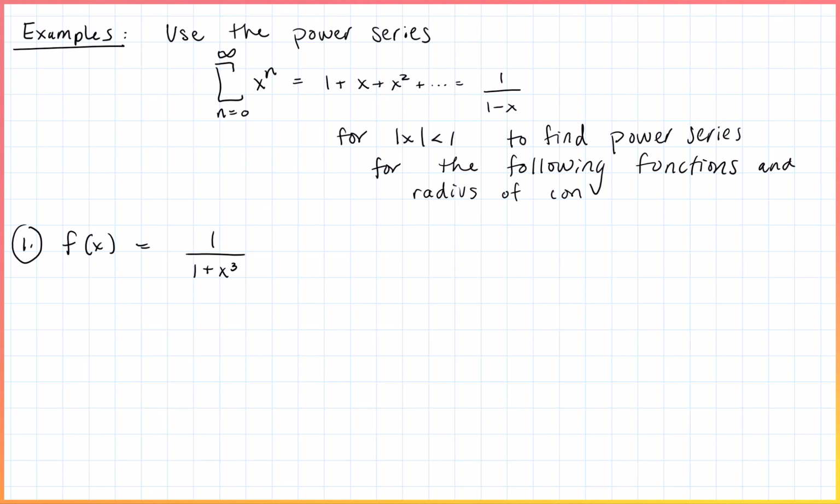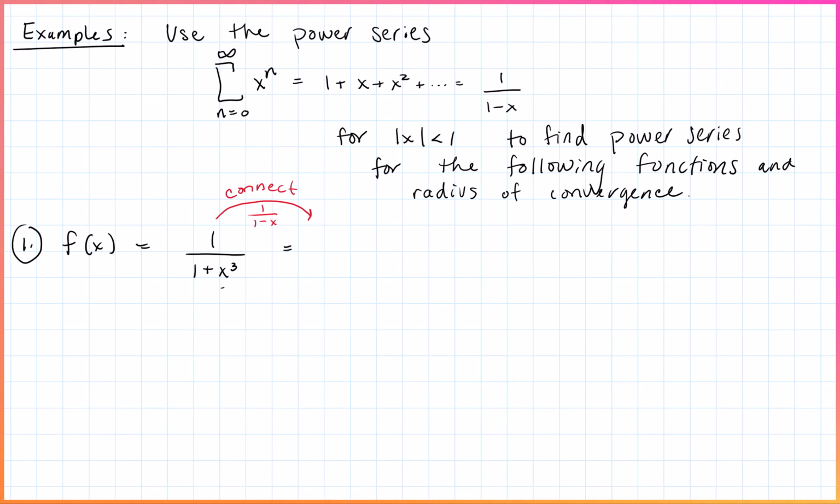So what we're going to do here is some algebra, some manipulation, and we're going to think, how does this function connect to 1 over 1 minus x? What is the connection between these two functions? How could I rewrite this in a way that looks like 1 over 1 minus x?